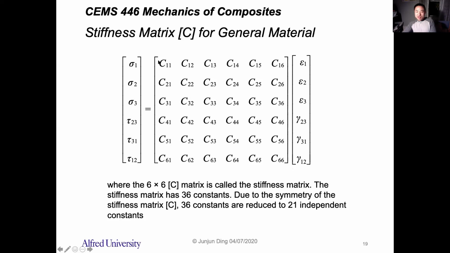If you have a symmetric matrix, these constants should be equal to each other, right? So that reduces the constants to 21 independent constants. So you have 21 independent constants for a general material. It's still a lot, right?